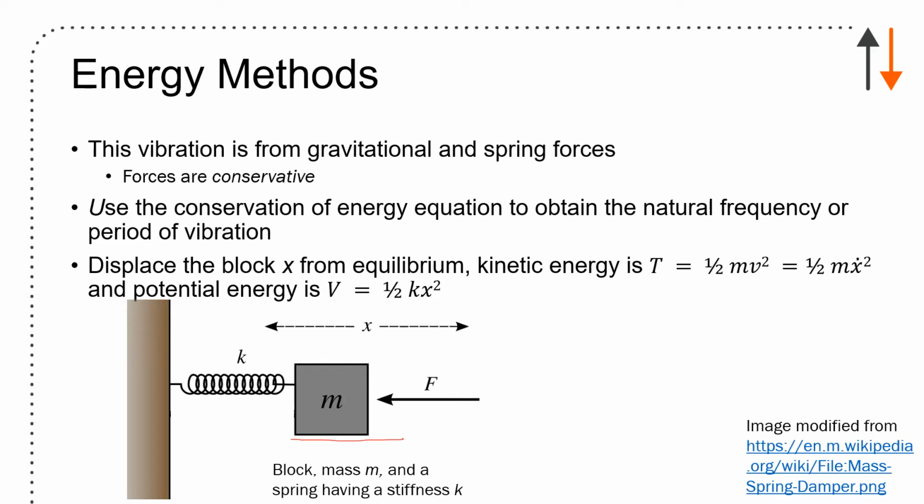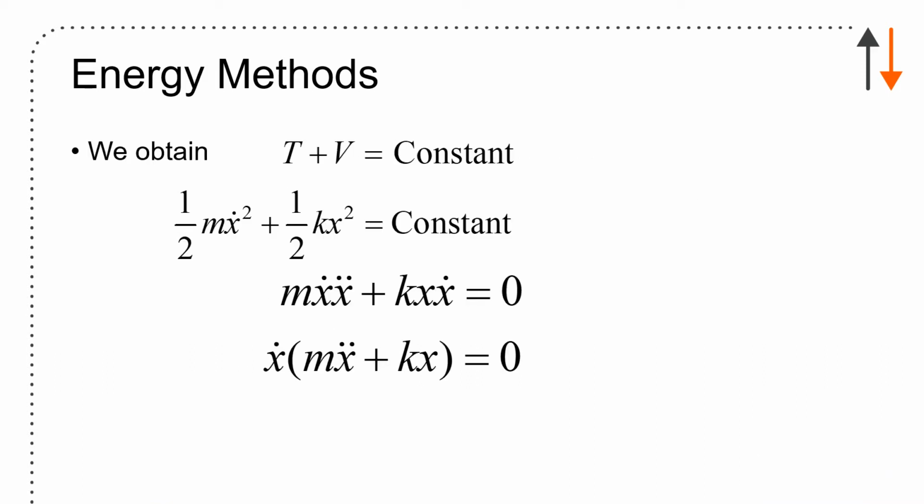You displace the block x from equilibrium. Your kinetic energy is 1/2 mv squared, or in the notation we're using here, 1/2 m x dot squared. You have potential energy, which is 1/2 kx squared. So T plus V is equal to a constant, because you know that total energy is never going to change because it's conservative.